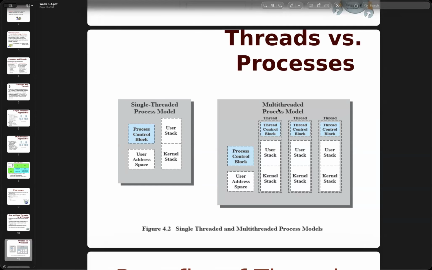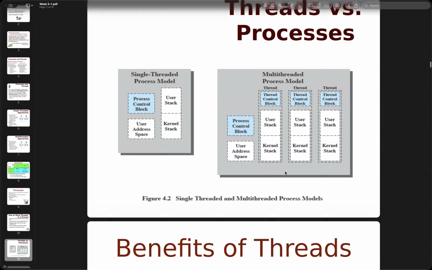But if we have a multi-thread process model, we still have the PCB and the user address space, and each thread has its own thread control block, TCB. We break the process into multiple threads, and each of them has its own user stack and kernel stack. So here are the differences between one process and a multi-thread process.